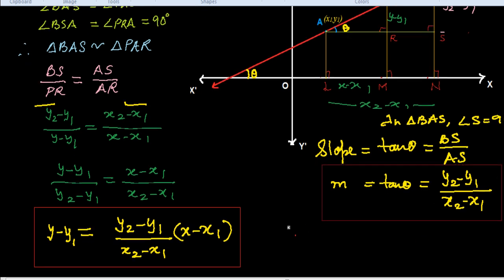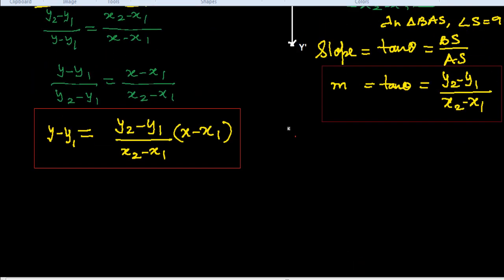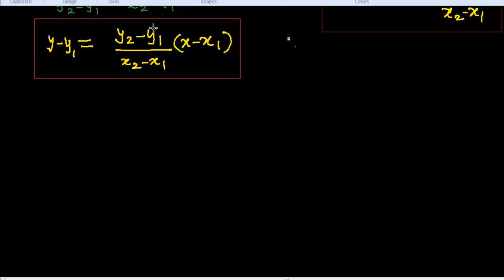Now look at the second form of the line. If the slope is given, the point slope form is what we are going to derive now.